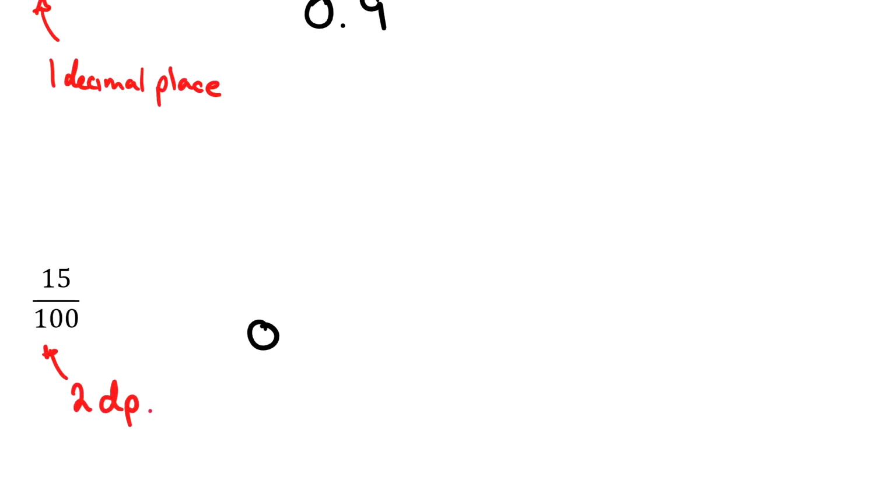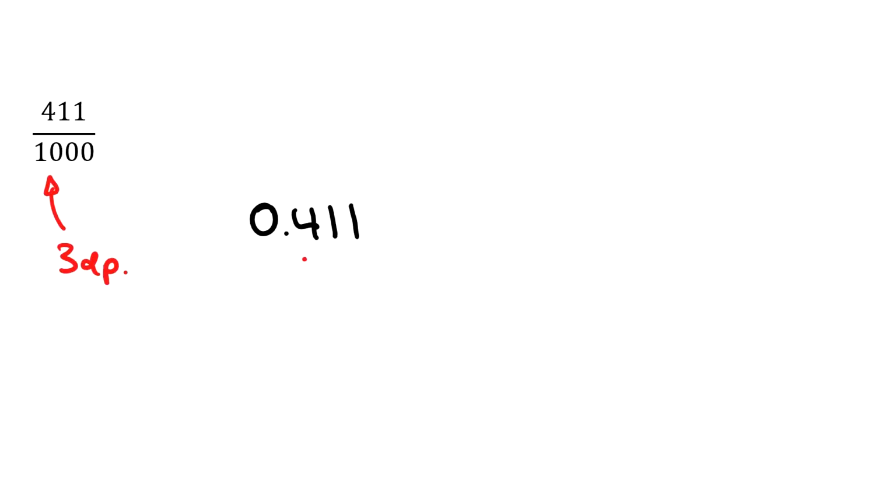Alright, so this will be 0.15 and there is two decimal places there. Last one, there's 3 zeros, so 3 decimal places, so 0.511. So 1 decimal place, 2 decimal places, 3 decimal places.